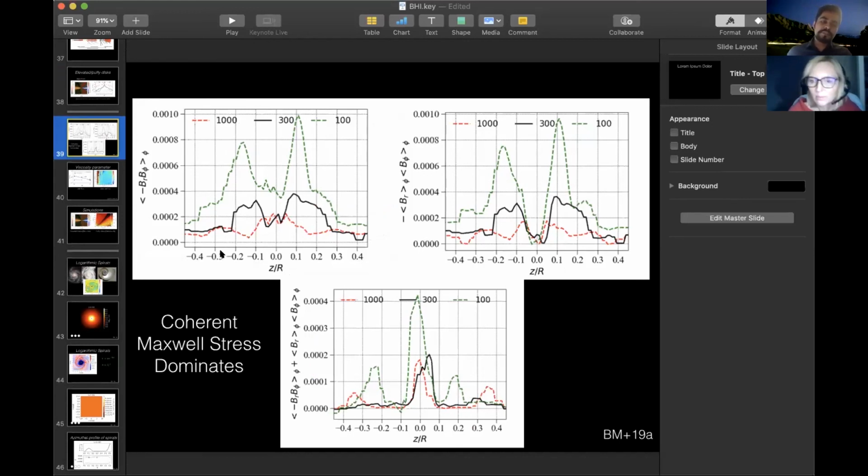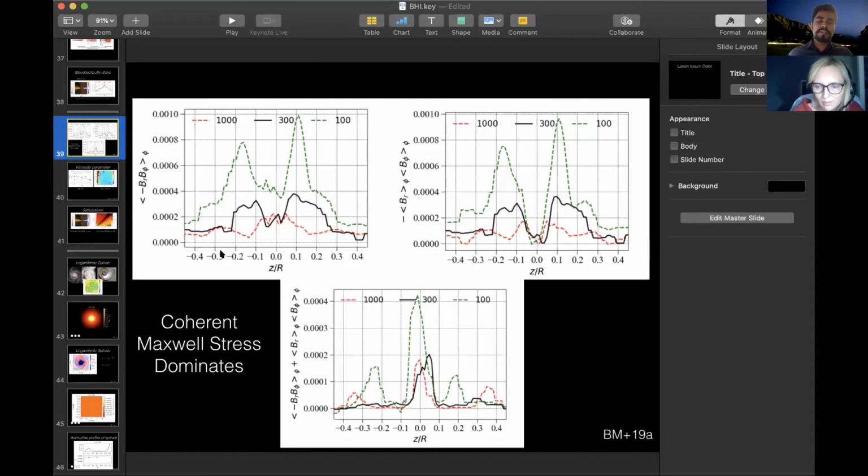Because in the video you showed, there was a region where everything just falls in. I checked, so this is at a fixed radius, but time averaged for 5 orbital periods. I also checked it for different radii, and it looked the same.